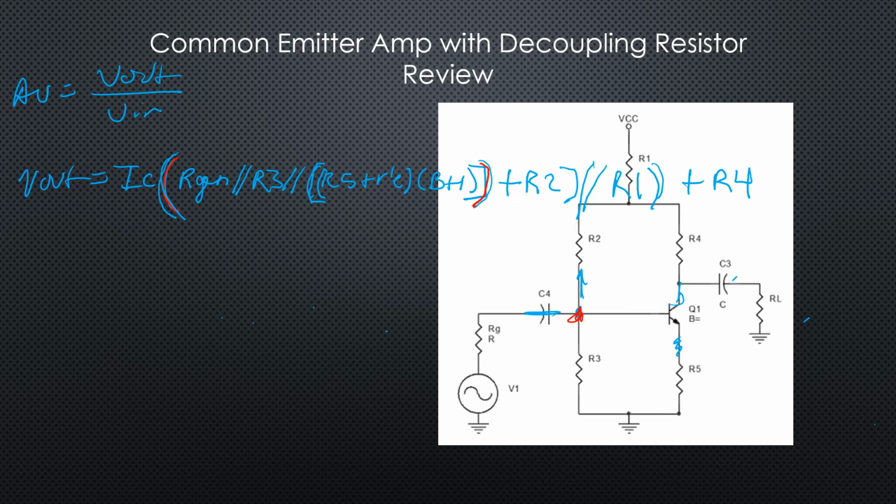Now all of that is in parallel with RL, and that's going to give us our resistance for our V out.